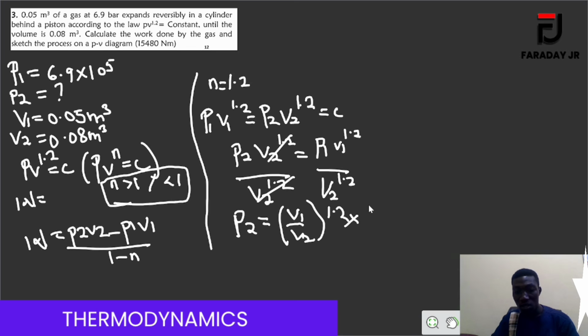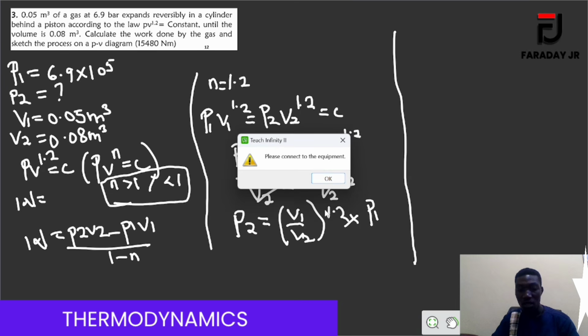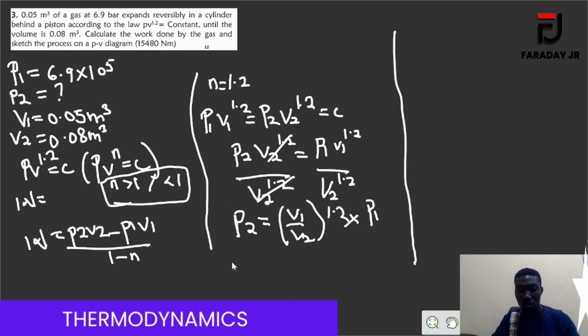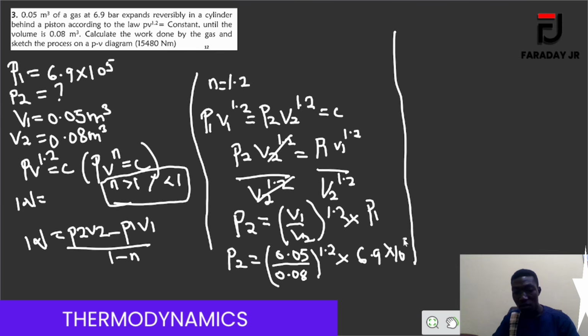Now let's substitute the given information. P2 is equal to V1, which was 0.05, on V2, which was 0.08, exponent 1.2, times our P1, which is 6.9 times 10 to the power 5.